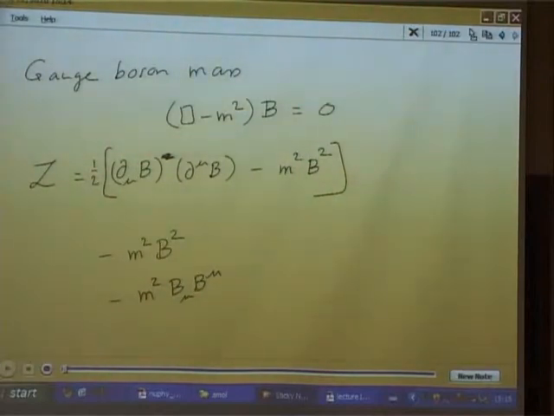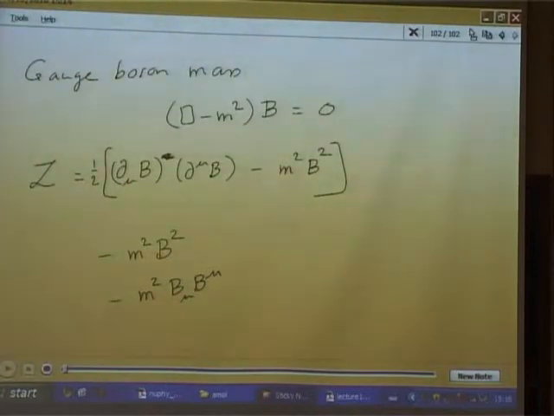Now if we want this gauge boson to have a mass, then this term should be gauge invariant, which means that if I apply a gauge transformation, this term should not change. I know how to apply the gauge transformation.